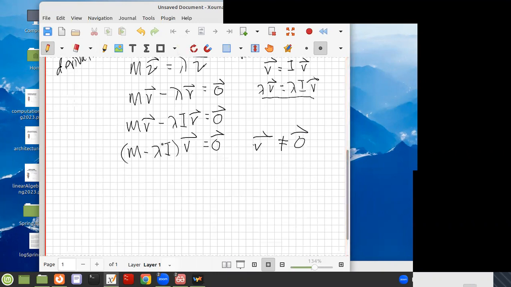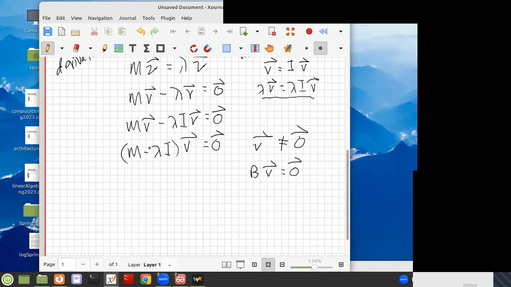Now what this equation says is, this M minus lambda I is a given square matrix, right? And the crucial thing is, let's just look at this matrix here. Let's say that some matrix B times V equals a 0 vector.